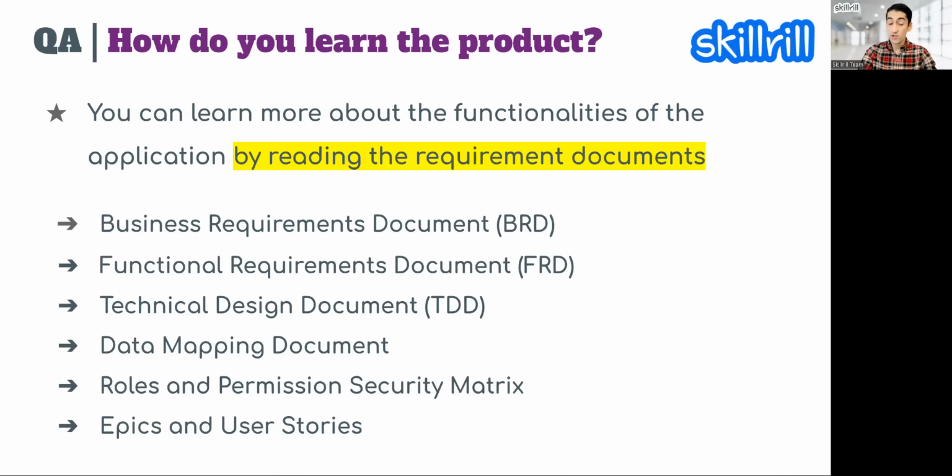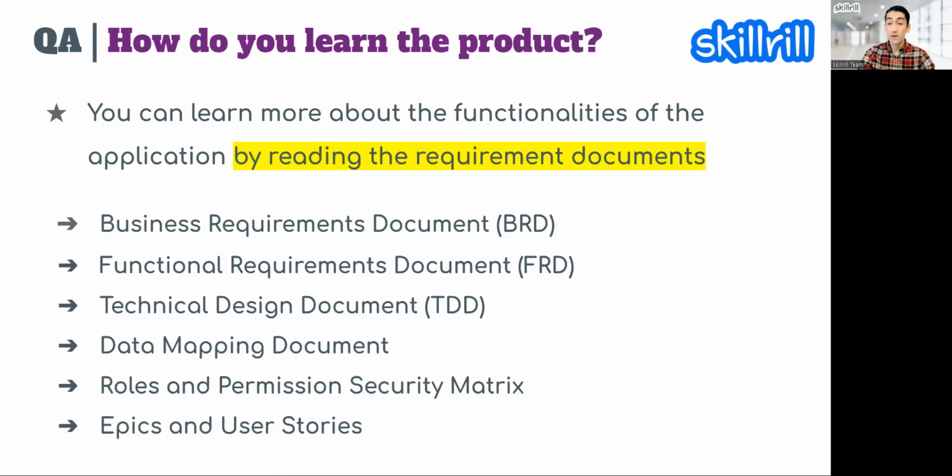There's also an interesting document called the data mapping document. If you will be going for SQL and ETL specialization, this is going to be pretty much your go-to document. And there's also the roles and permissions security matrix.